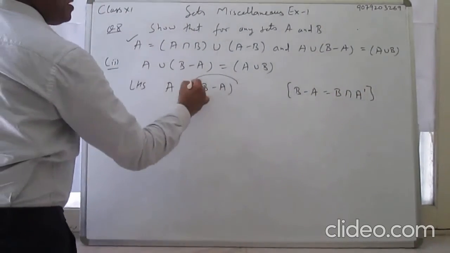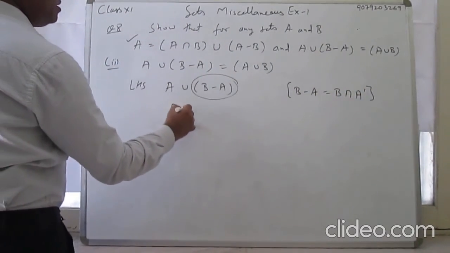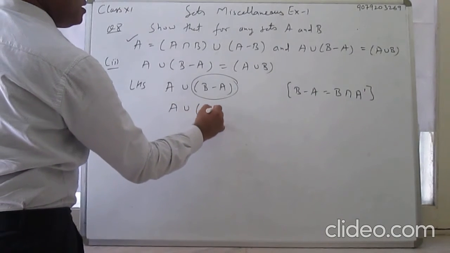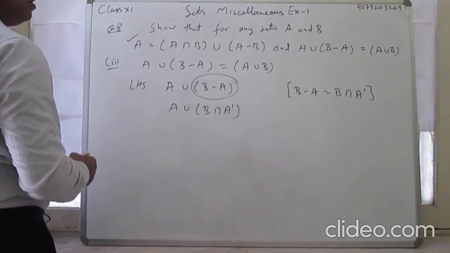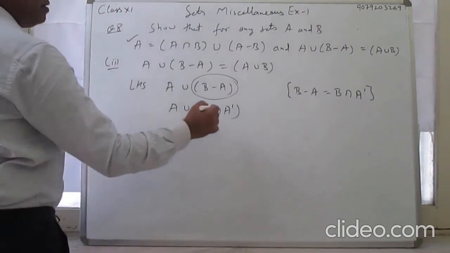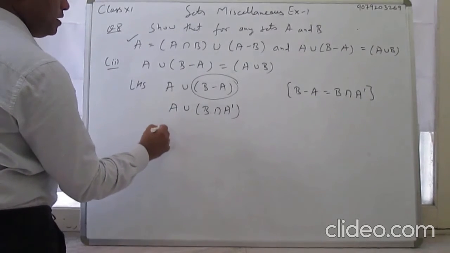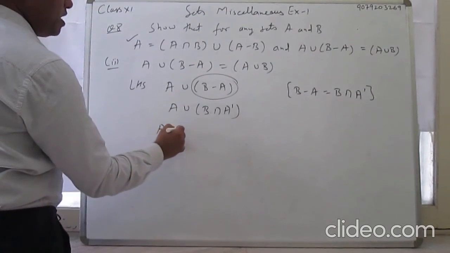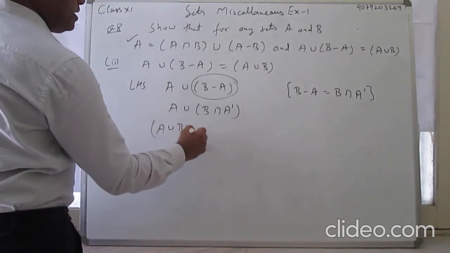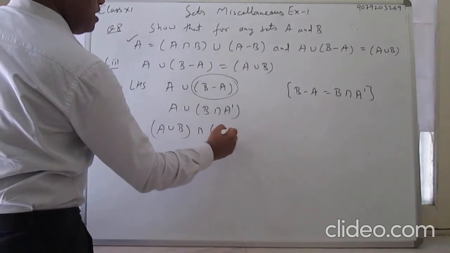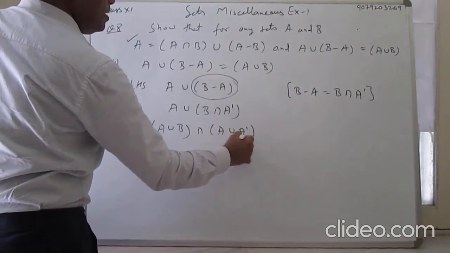So here you can write A union B intersection A complement. Use the distributive property, union over intersection: A union B intersection A union A complement.